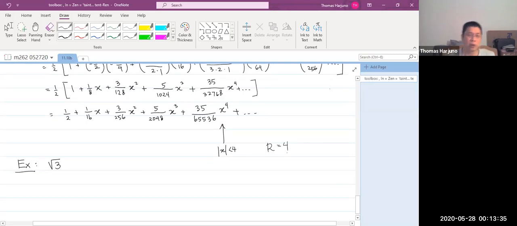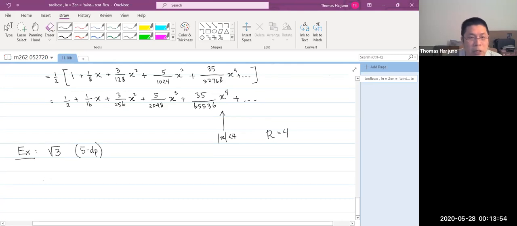Okay? Now, anyway, suppose I want to compute square root of 3 accurate to 5 decimal places. Then I may approach it this way.